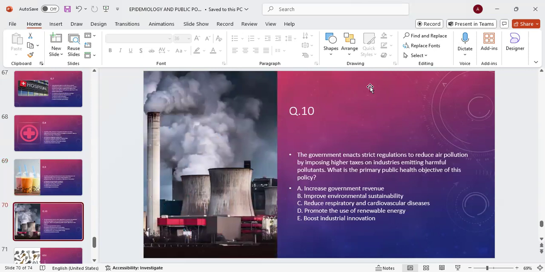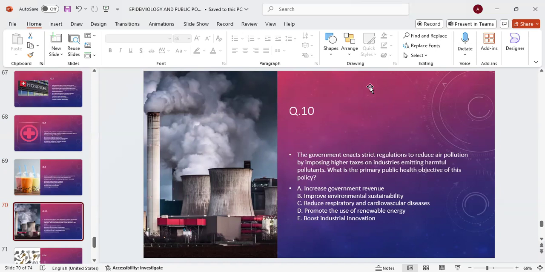MCQ number 10: the government enacts strict regulations to reduce air pollution by imposing higher taxes on industries emitting harmful pollutants. What is the primary public health objective of this policy? Option A, increase government revenue. Option B, improve environmental sustainability.